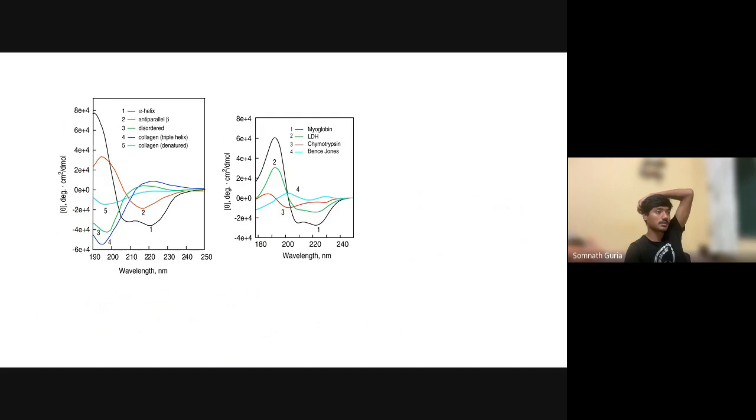Now, can we find out the different amounts of alpha helix and beta sheet present in different proteins? To check that, people have recorded different CD spectra.